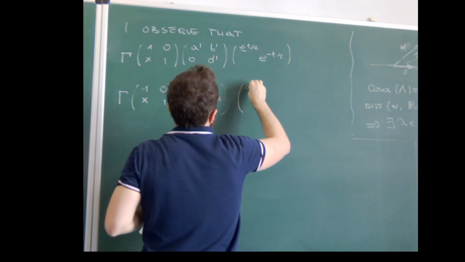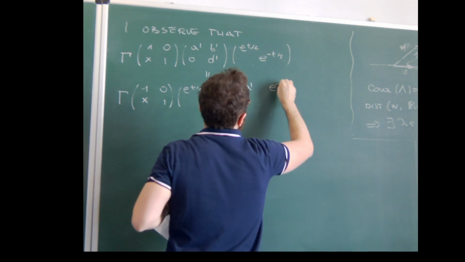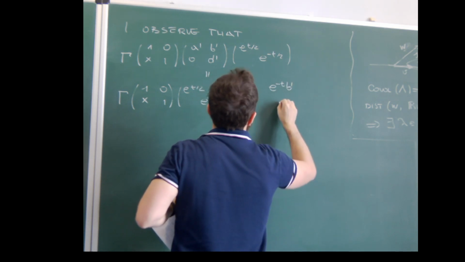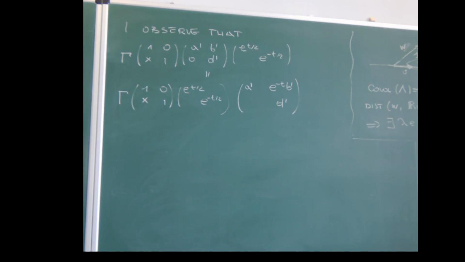And okay, this is just a computation: this is a', e^{-t} b', and d'. Okay, so I just conjugated this.